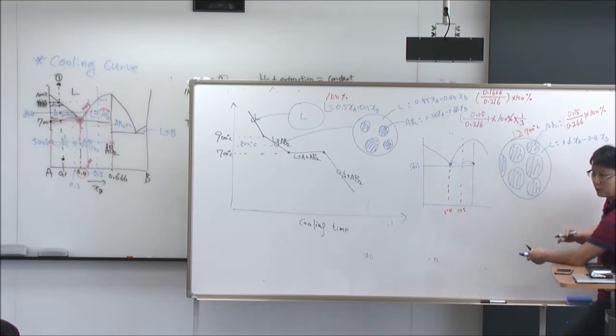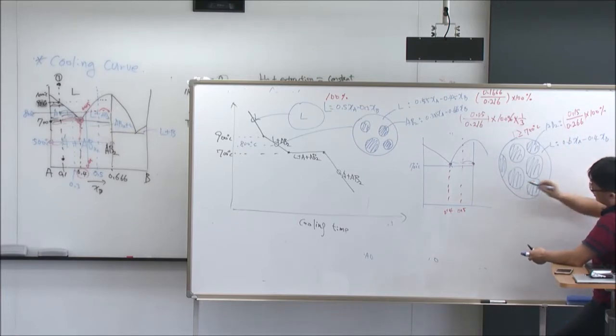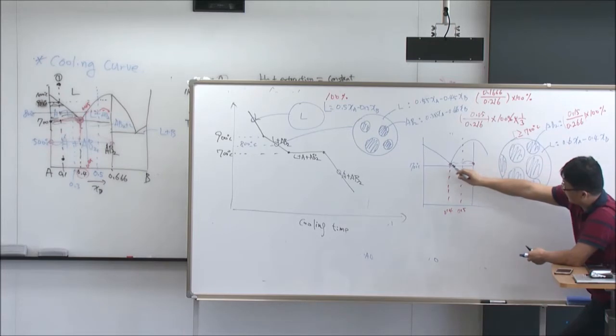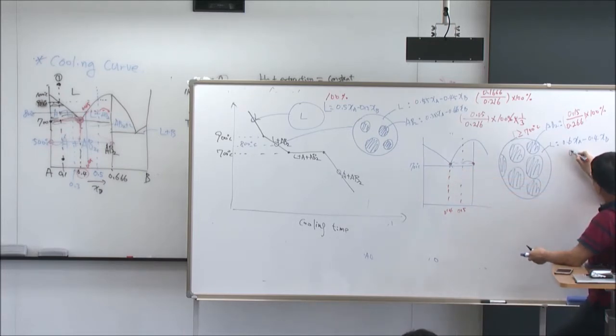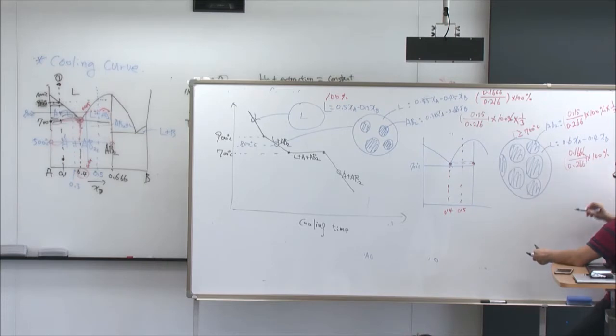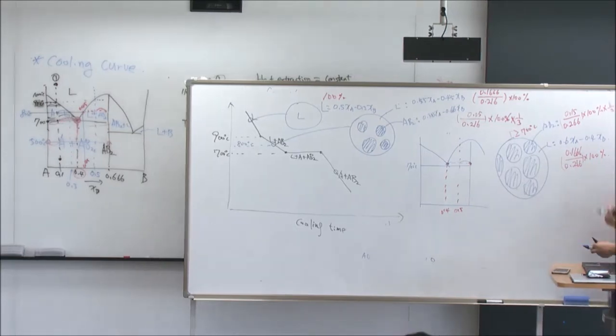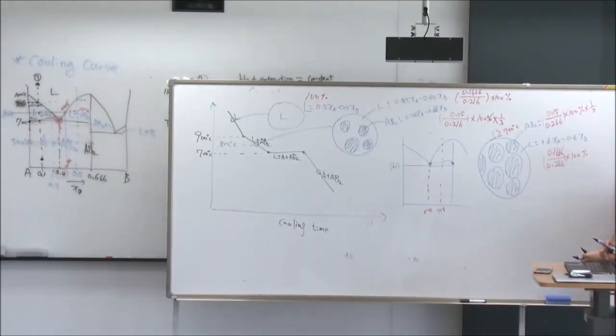So just before the eutectic reaction, we have this microstructure, and the amount of liquid phase is this divided by this one. Okay, so this is the amount of liquid phase. You good?